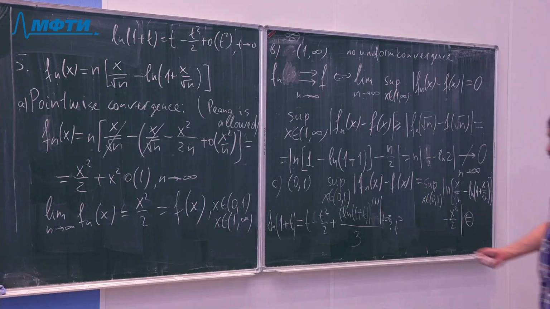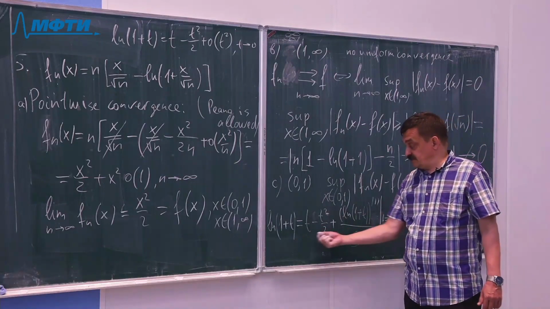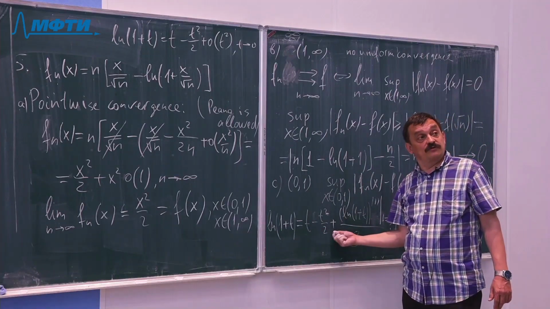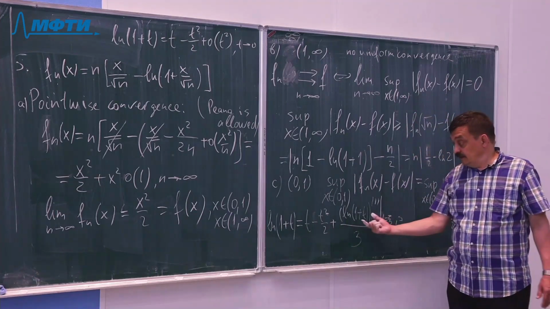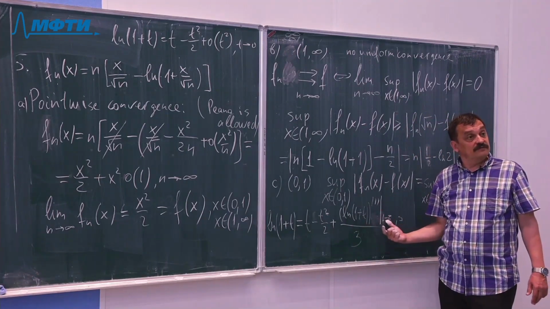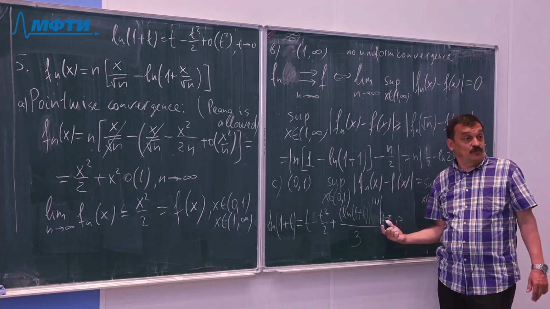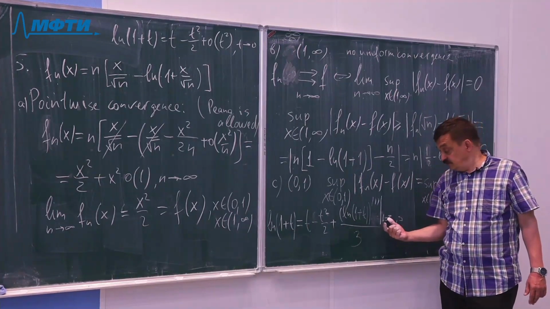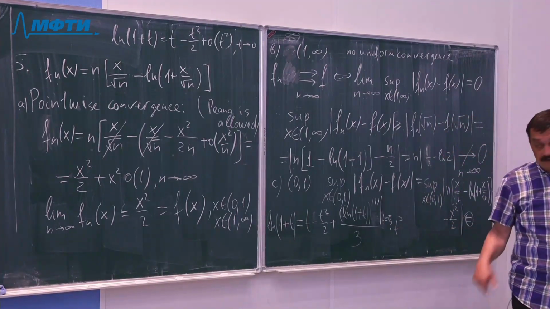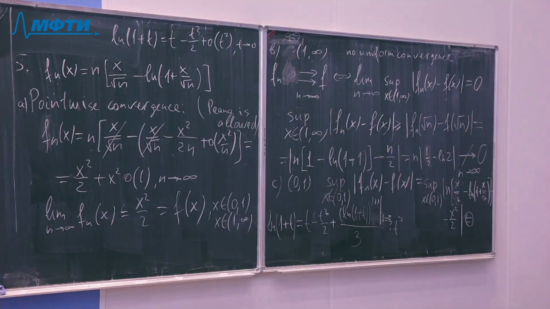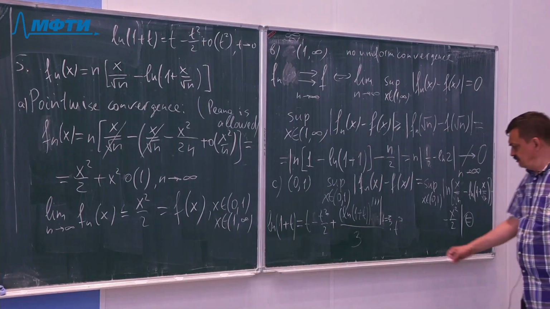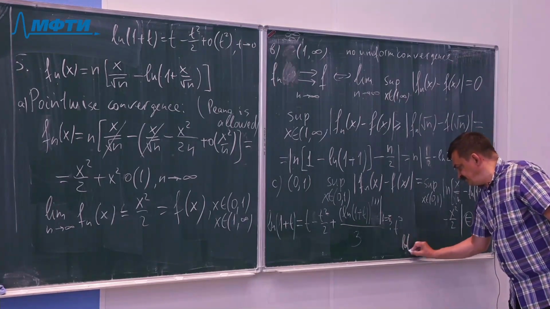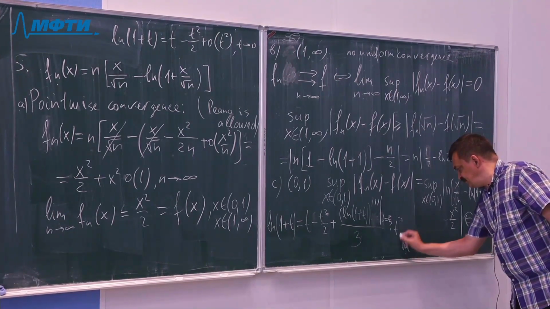In general, you should have just the first terms of your usual Taylor formula, right? And then the next derivative at an intermediate point xi, let's say. So what is the third derivative? Okay, what is the third derivative of logarithm 1 plus t?